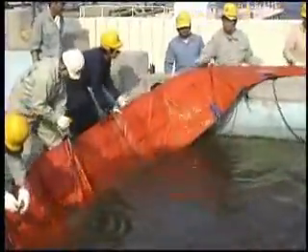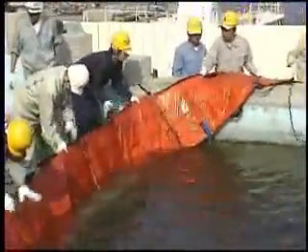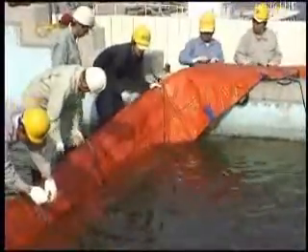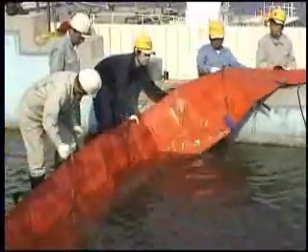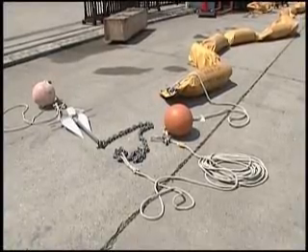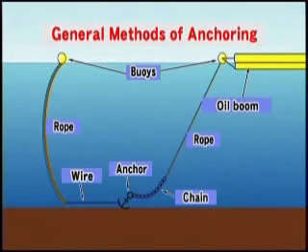Oil booms in the past used lead weights so they would not drift. Lead, however, is hard to dispose of properly and is not used anymore. Oil booms are kept in place with anchors, buoys, and ropes. Tying them on both ends and in the middle makes the best shape for controlling the spill.